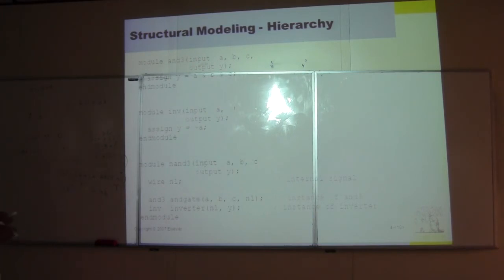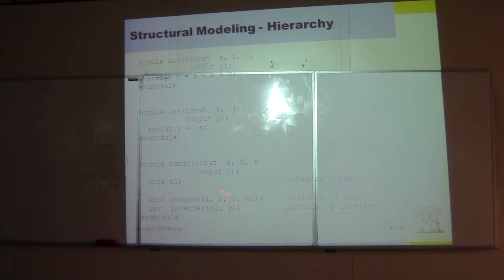Anyway, so here we have module number 1, 2 and 3. First module, what is the name? AND3. It is a 3 input AND gate. So input is A, B, C, output is Y. And see, there is a semicolon here. Don't forget this semicolon.